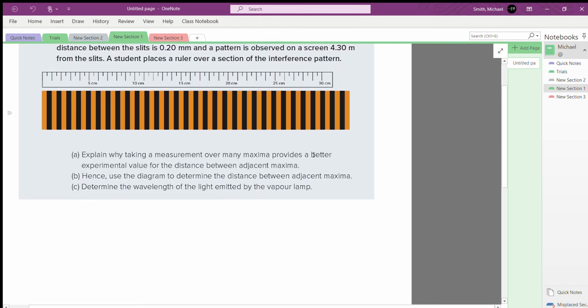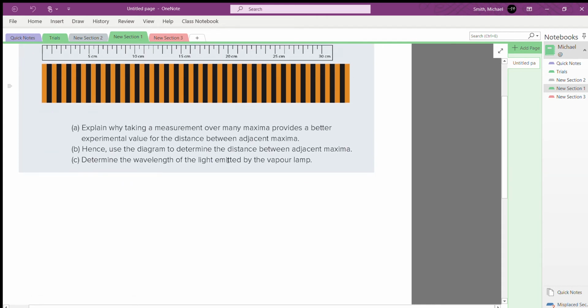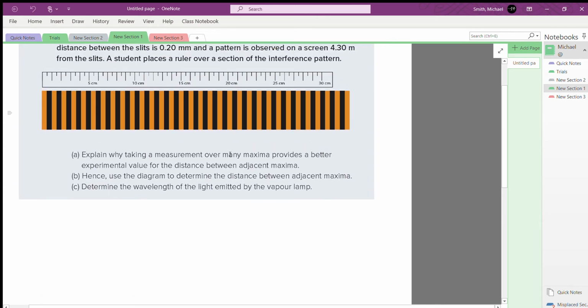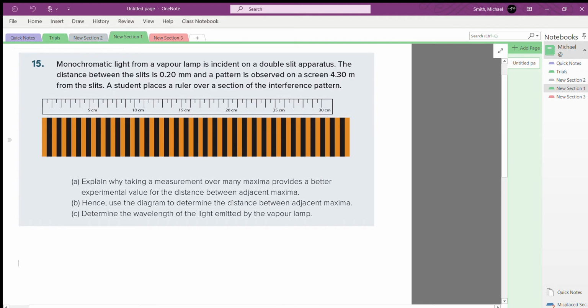First, we need to work out why taking the measurement over many maxima provides a better experimental value for the distance between adjacent maxima. Now, the reason it's better to take a measurement over lots of bright maxima or dark minima is so that the error in the measurement is spread out over lots of those individual distances between adjacent maxima.